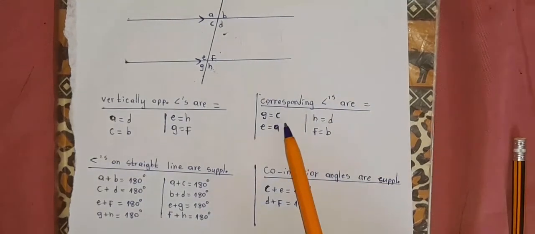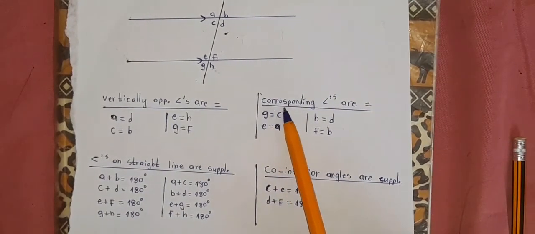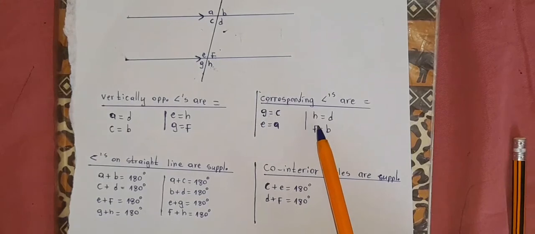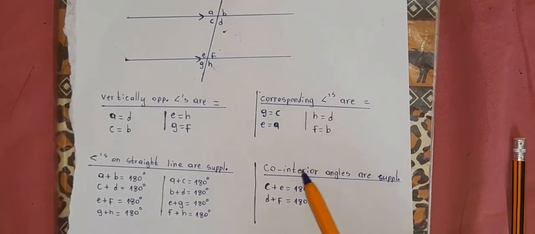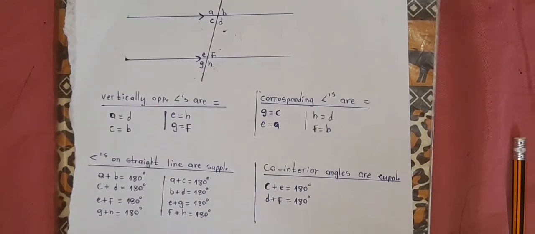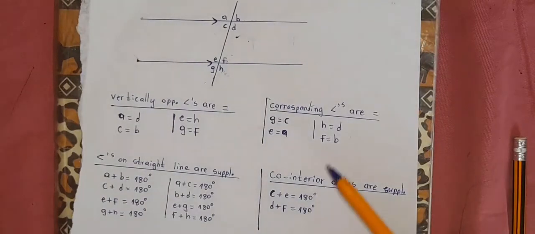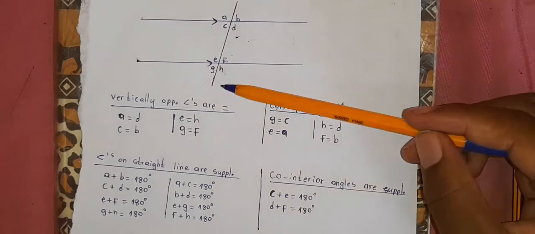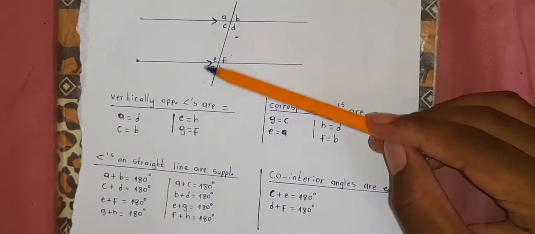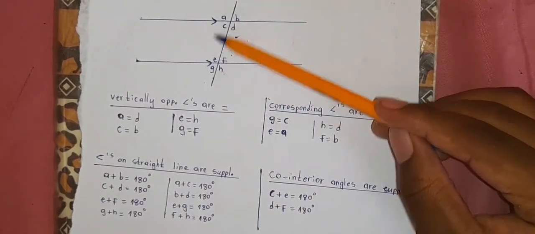We have other angles here like corresponding angles. Some say it's an N shape, some say it's a Z shape. It doesn't really matter how you remember it, but just know it's one of those two, either N shape or Z shape. So these angles here are equal because they are corresponding.